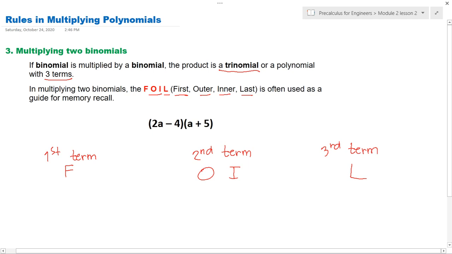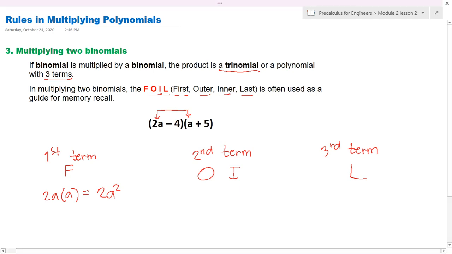Ano yung first term dito sa first binomial? Of course, 2a. Then, multiply it to the first term of the second binomial. So, therefore, ito. So, we have 2a times a, which is equal to 2a squared. Ganun yun ha, in order to get the first term.